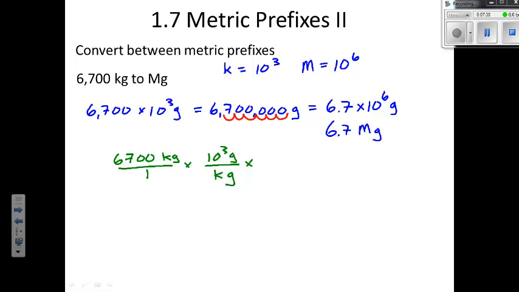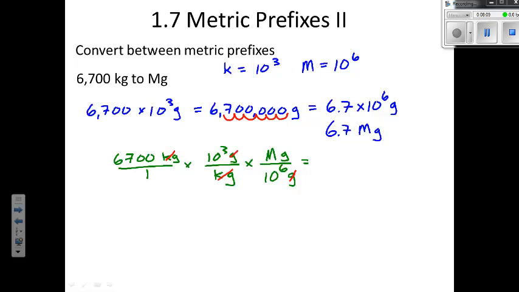I want the gram to cancel out, so I put megagram over 10 to the 6th gram, another factor, another equality. According to the wisdom of math here, we can cancel out those units, and we end up with megagram, which is what we wanted.